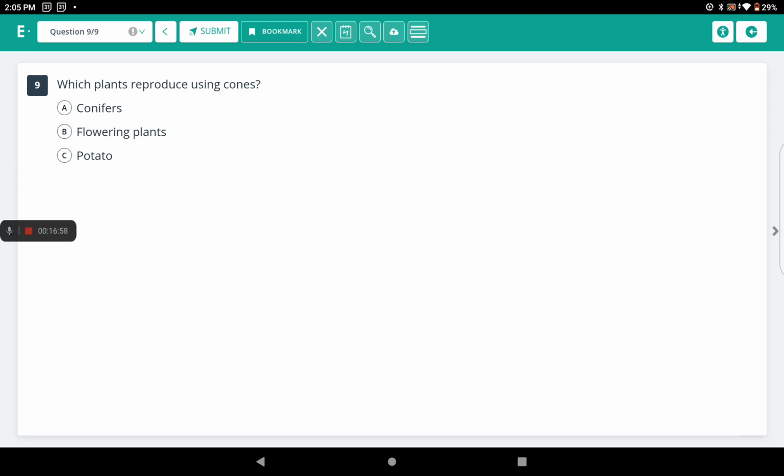A, conifers, B, flowering plants, or C, potatoes? I'm reading for you, and you think it's right. I'm going to call you now to show you your result, when you see what I mean. Which plants reproduce using cones? A, conifers, B, flowering plants, or C, potatoes?